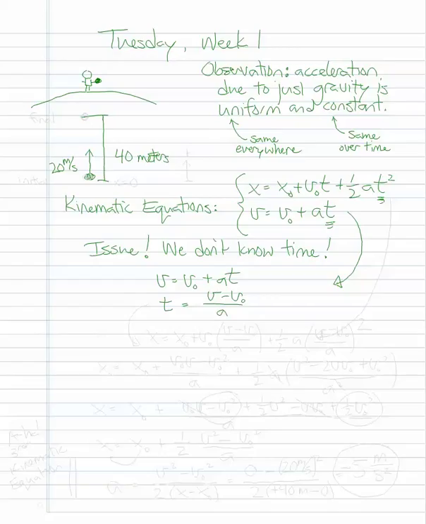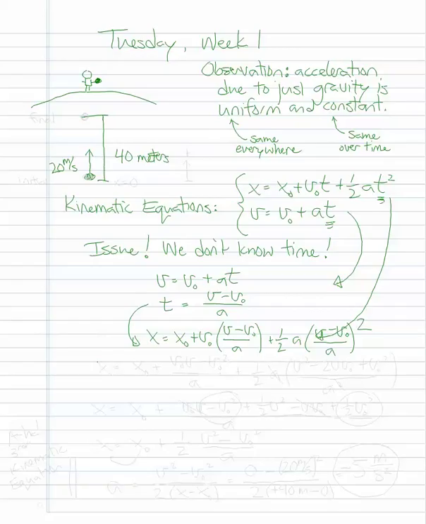And then I'm going to substitute that into the second equation. And so I get that x equals x naught plus v naught, and every time I see t, I'm putting in v minus v naught over a, plus 1/2 a times v minus v naught all over a squared. The square is important here.